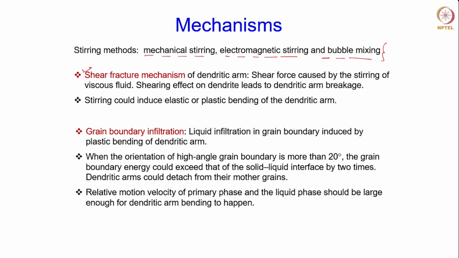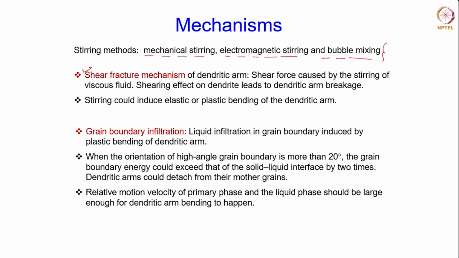The first one says that it occurs through a shear fracture mechanism of the dendritic arms. You know dendrites are a general kind of structure that you obtain in casting. Dendritic structures are very common in castings, in metals, including aluminium.